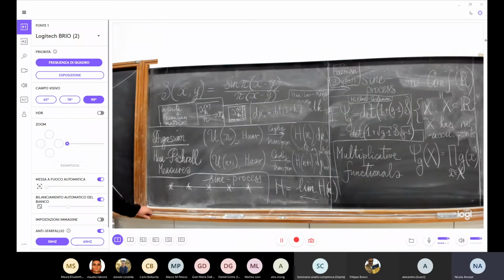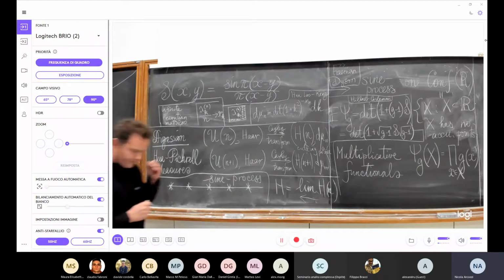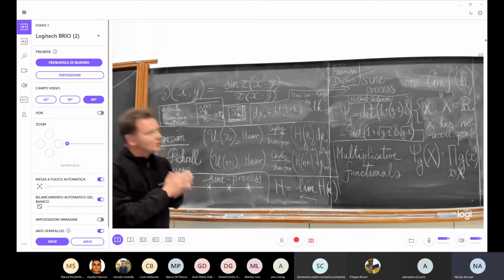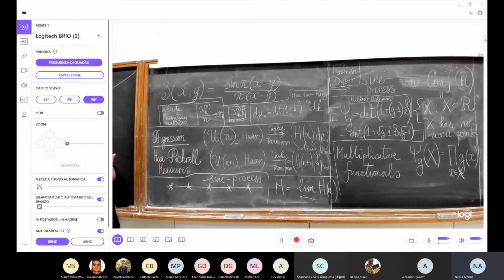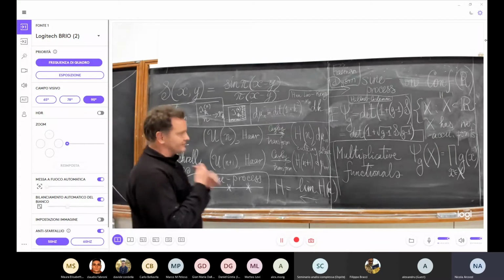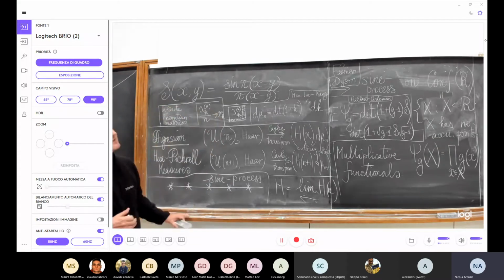Okay, so let me now say the sine process also appears in many other situations. Let me now say that the main point of my talk will be the relation between the sine process and the Paley-Wiener space.